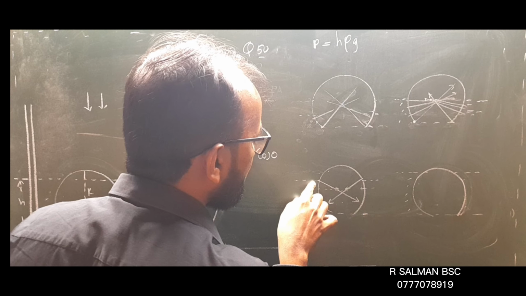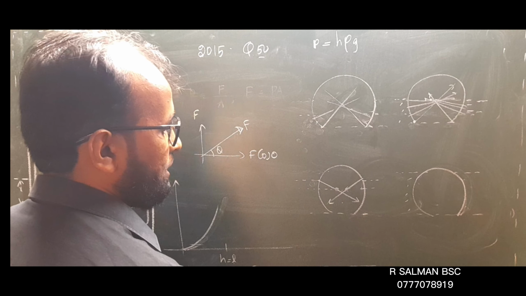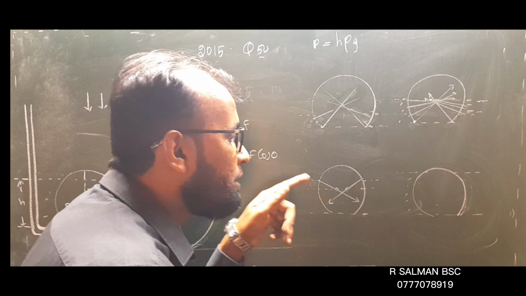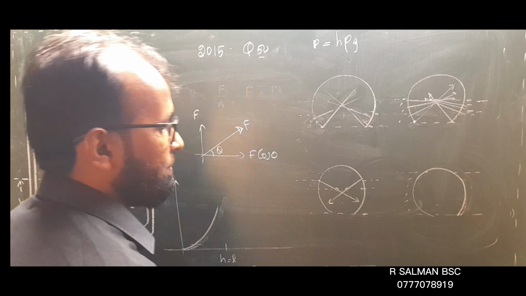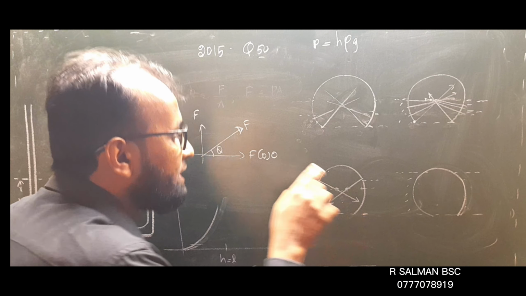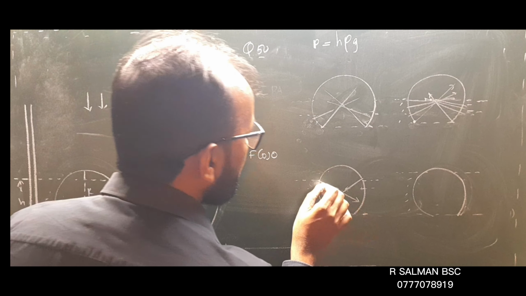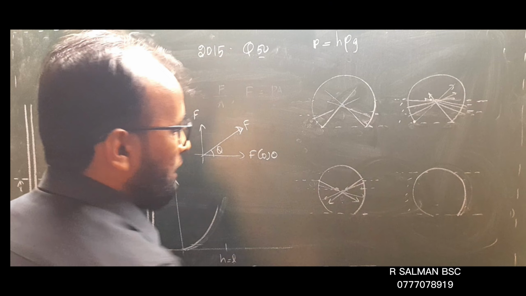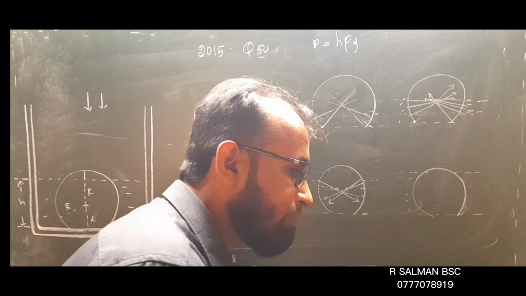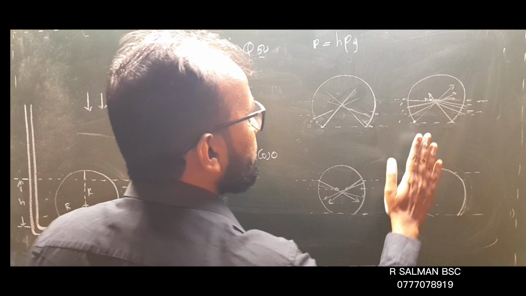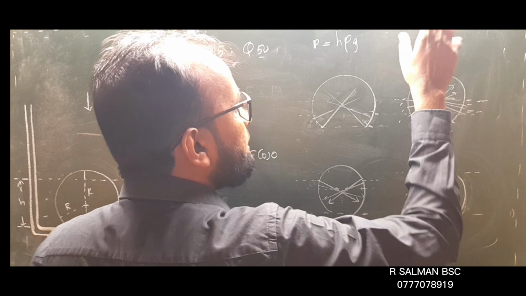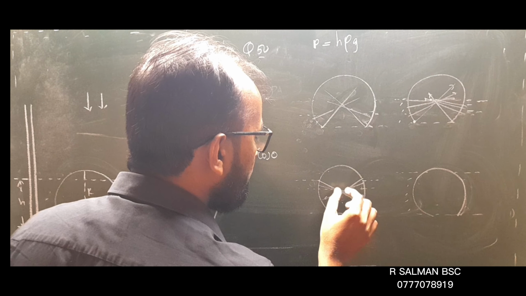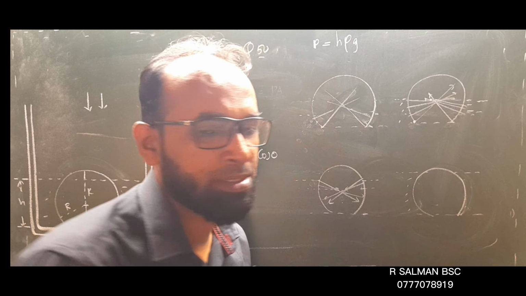Our pressure force is downwards. It means normal to the face downwards. Downwards means this tends to reduce the resultant force. This is downwards, no? In this portion you had an upward resultant, no?